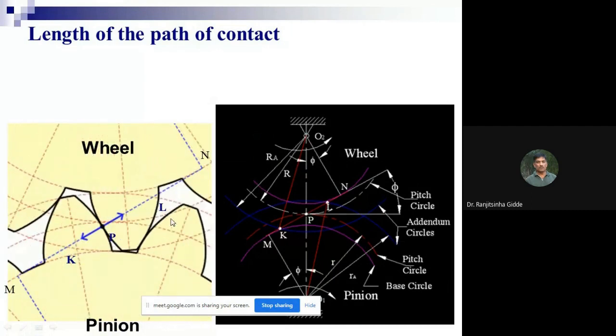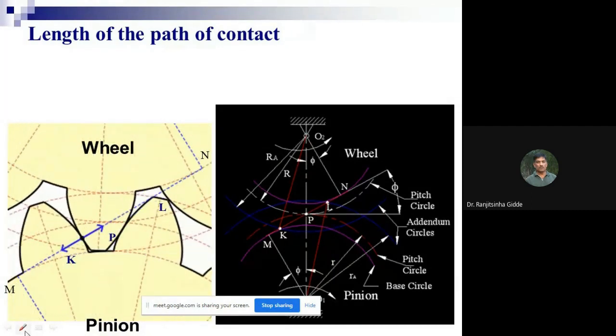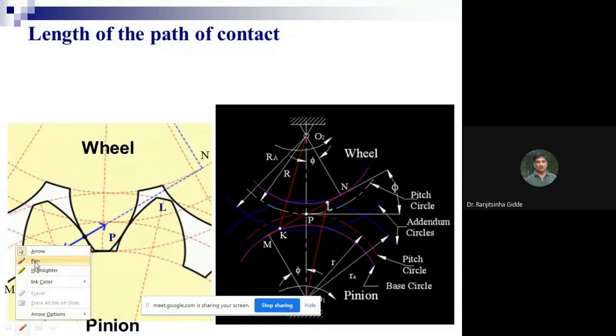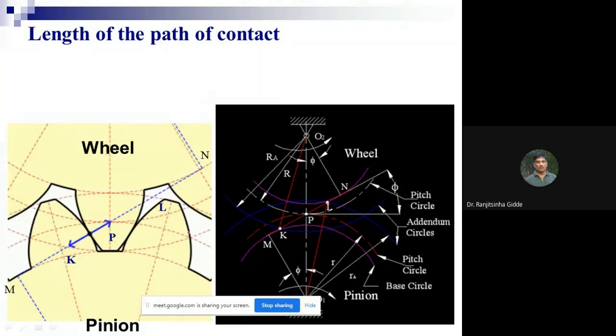Okay. So, length of path of contact. What is this path of contact? This point here is denoted by K, the point of contact, and this blue arrow indicates the path of contact. On the right side you are observing that KL is nothing but the length of path of contact.